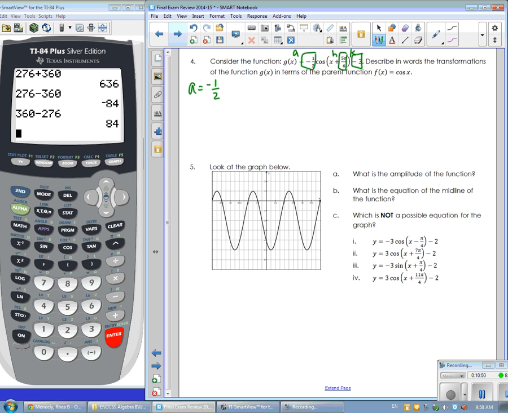So what I could say here is because of that negative, I know that represents a reflection, and it's a vertical reflection, vertically reflected. That 1/2 tells me that the graph is compressed, and again, compressed vertically.